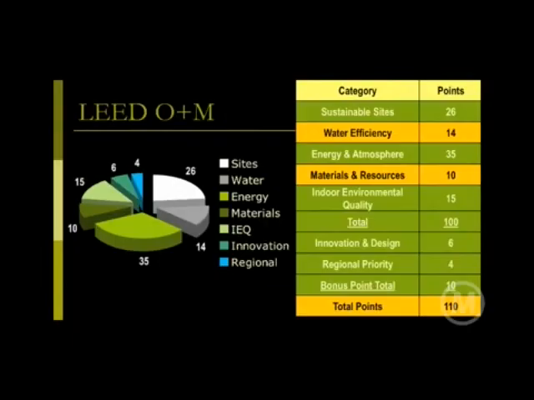Operations and maintenance. This shows the categories are the same, but maybe there are different things that would be important to an existing building. Here you can see that energy and atmosphere is the same, but water efficiency points went up. The credits are more heavily weighted in water for existing buildings because there's more you can do.